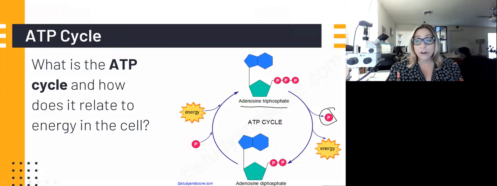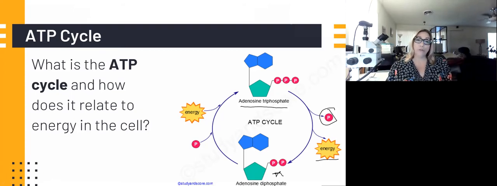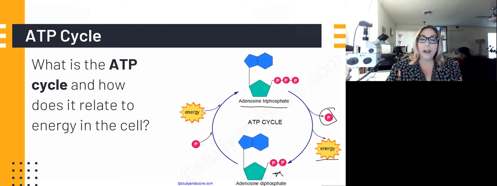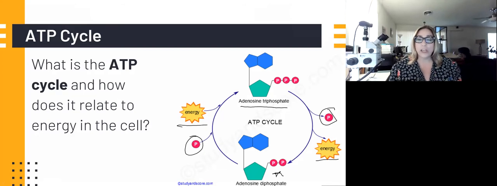It gives off energy because this is exergonic. And then you end up with ADP, 2 phosphates. Now, on the other half of the cycle, a phosphate is added, energy is required, and that comes from cell respiration. And the result is that you get ATP.